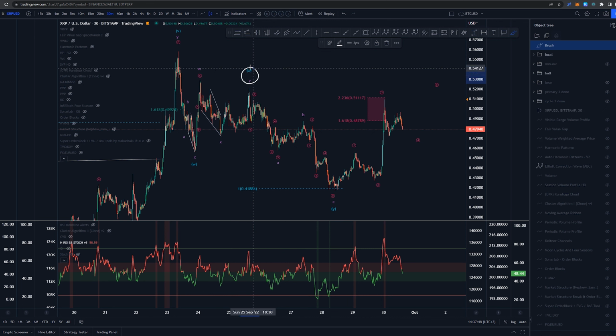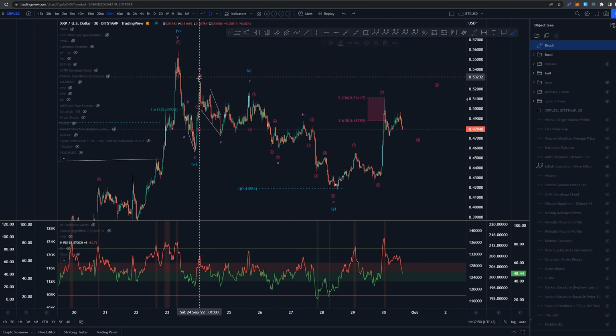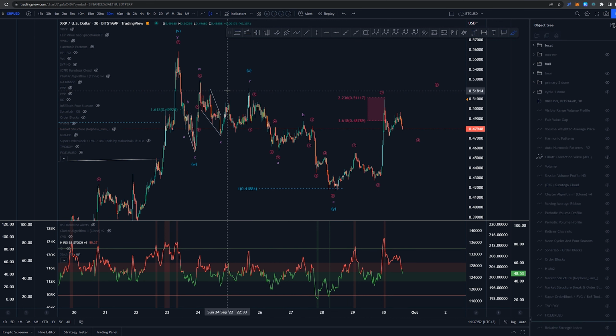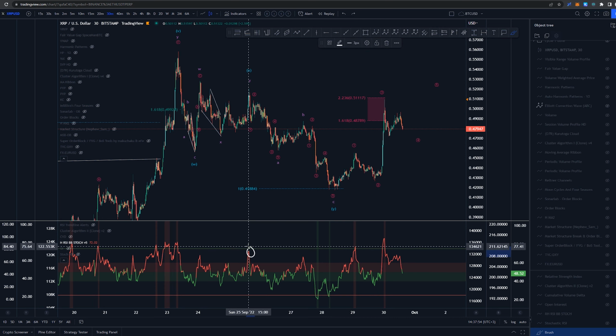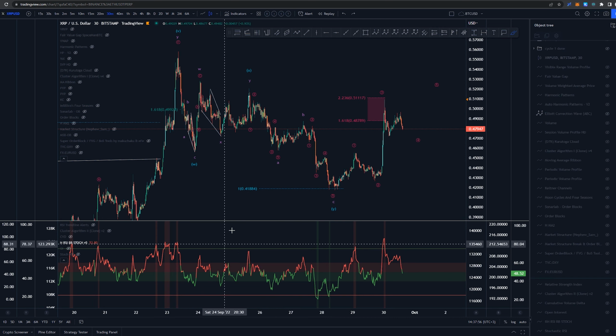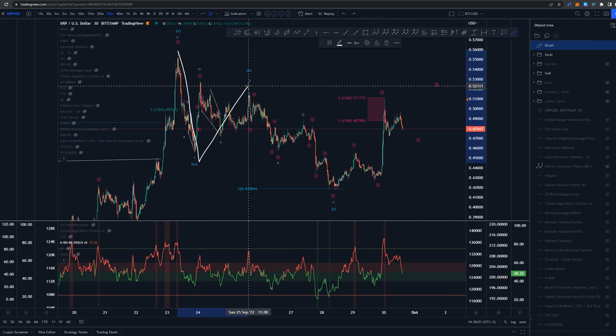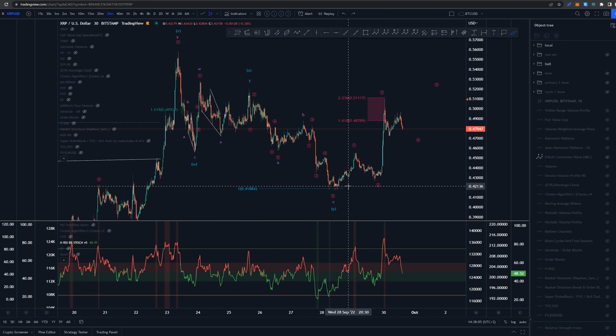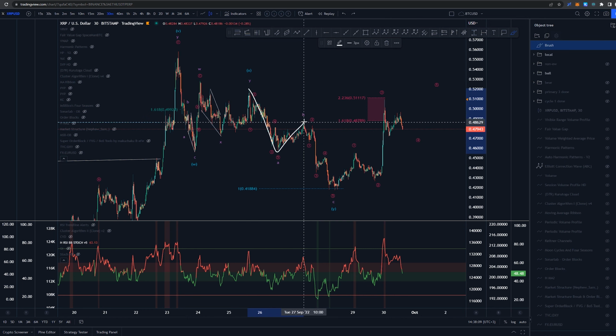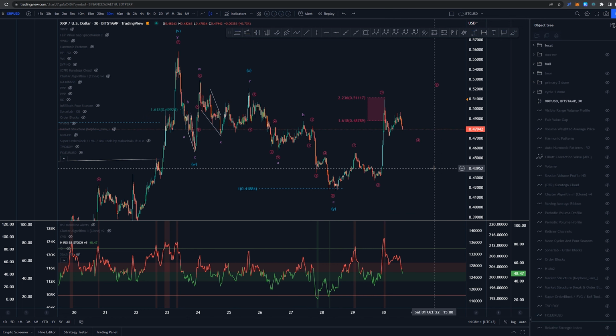And this would bring us to the X. Now, X is lower than the W, which is not typical. However, on RSI, we did take out the previous high here, indicating that this could be done here. And indeed, we did end up pivoting down. So to me, this still looks pretty okay as a WXY. Now, this extended right into the 1-to-1 extension, and having another zigzag pattern coming down fits this very well.